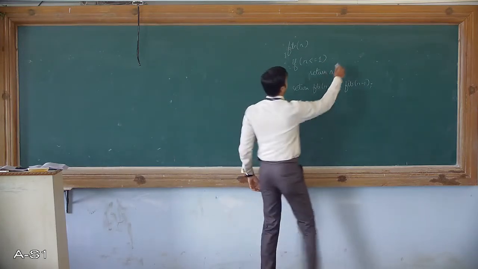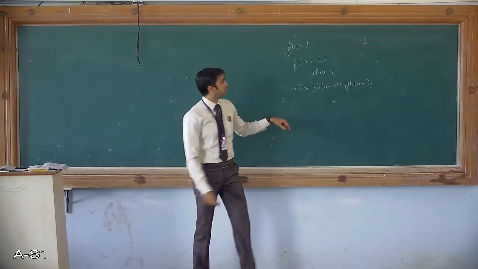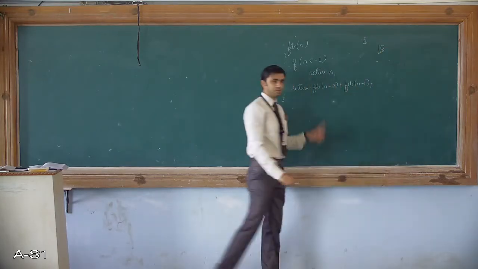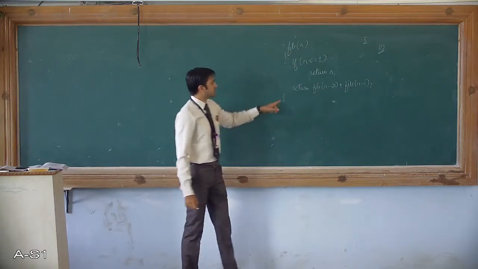If I pass the value of n as 5, it will display me the 5th Fibonacci number. If I pass the value of n as 10, it is going to display me the 10th Fibonacci number. So this is the algorithm which does that job.